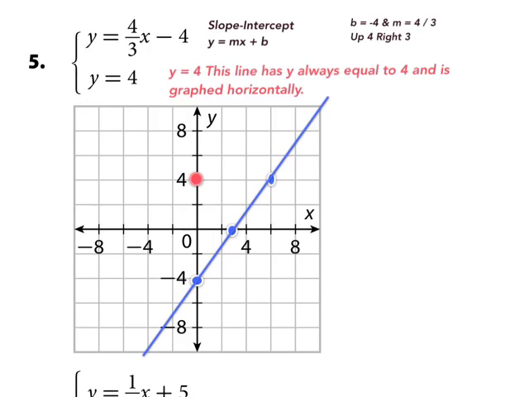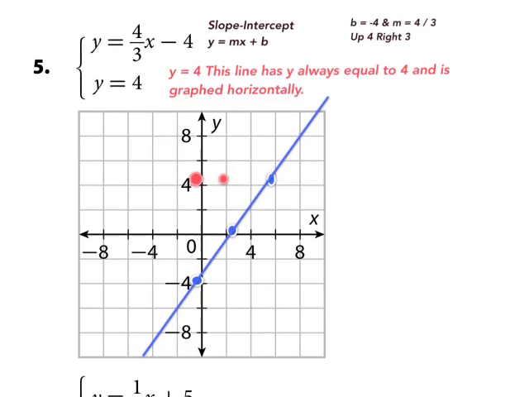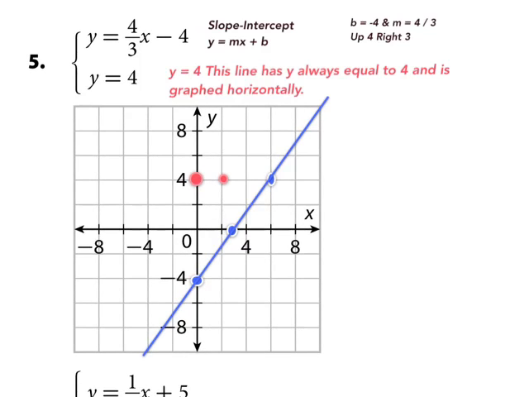I can put many dots where y will be equal to 4. Here's another. And here's another. So now if I were to connect those points, then I would have the line y equals 4. That red line is the line y equals 4.